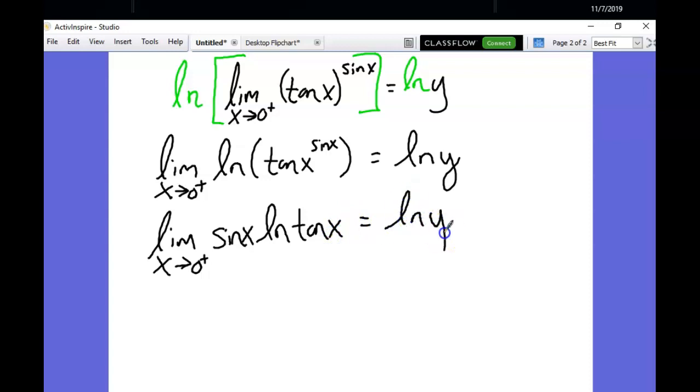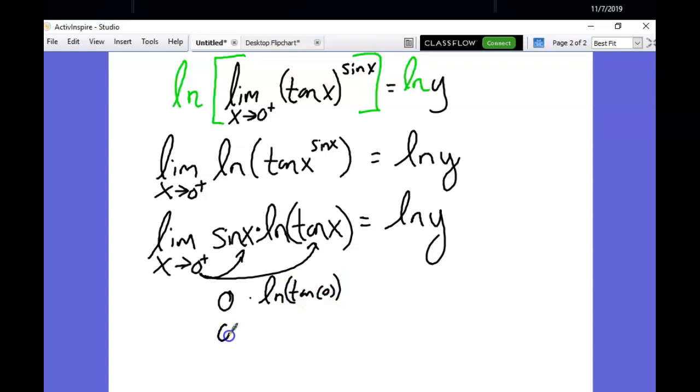This side's going to stay the same until we get to the very end, but for now that right side's just going to stay exactly the way it is. So now I've got sine being multiplied with ln of tangent. Now if I was to do direct substitution, sine of 0 is 0, and tangent of 0 is 0.